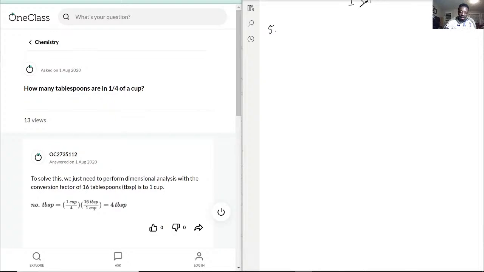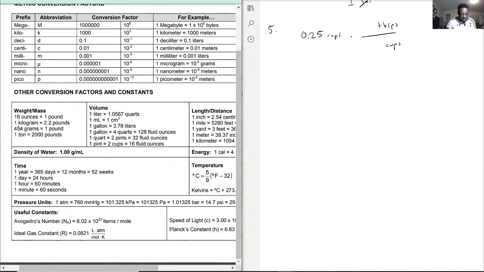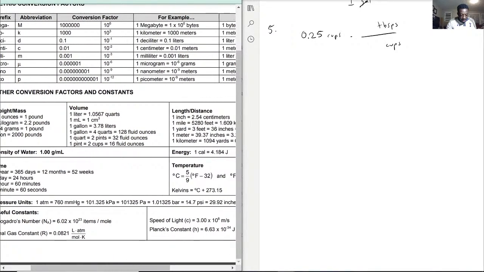Same concept, 1/4 of a cup, so 0.25 cups. And now, multiply over how many tablespoons are in a cup. Go back to our conversion sheet. What does it say? Tablespoons.